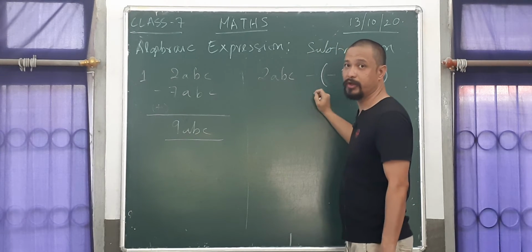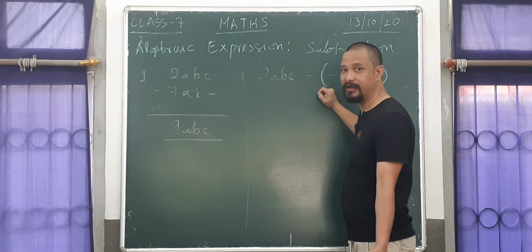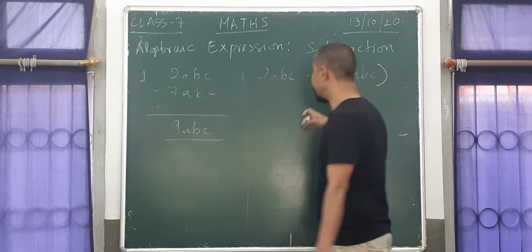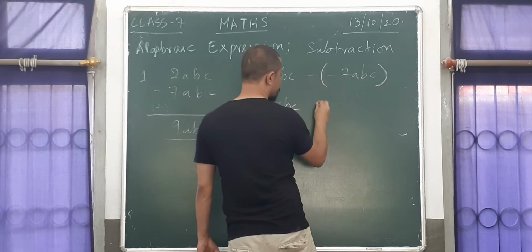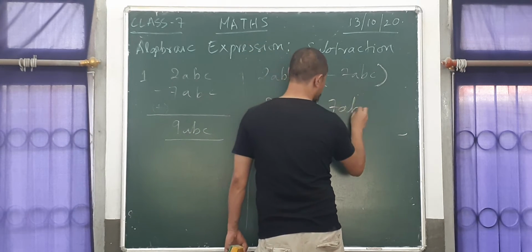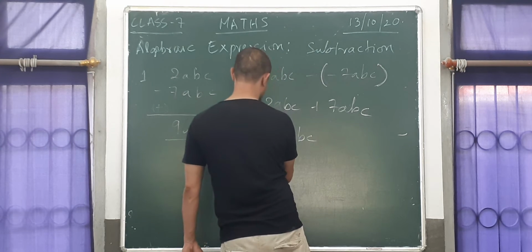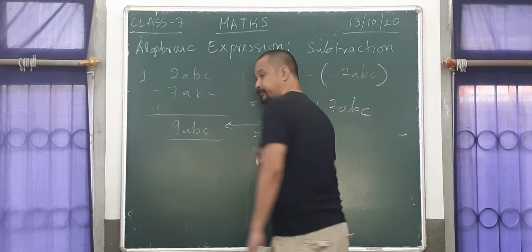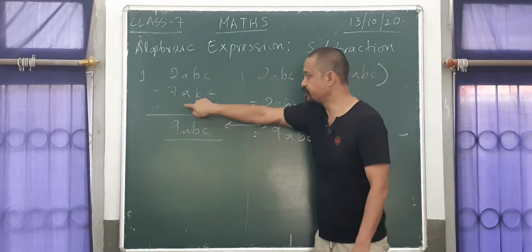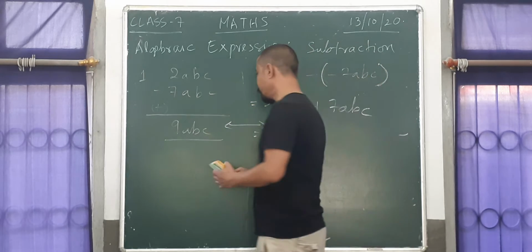So what do we do when you open the bracket? The bracket actually in maths means multiplication, right? So this should be 2abc, minus into minus is plus 7abc. So the answer will be 9abc. Alright, see, same to same. This is the reason why we have to change the sign of the subtrahend. Very simple. Don't get confused.